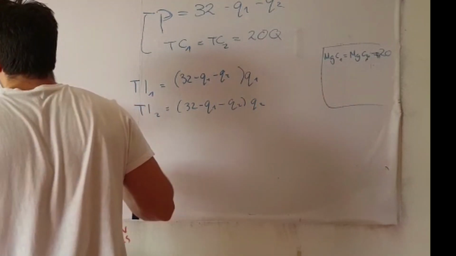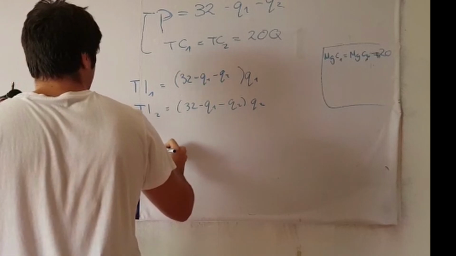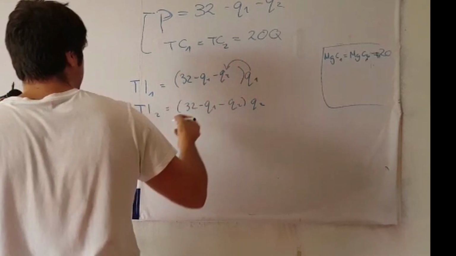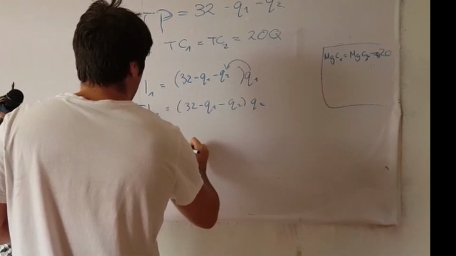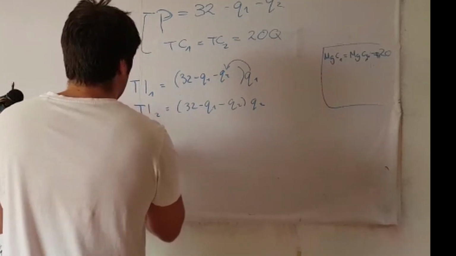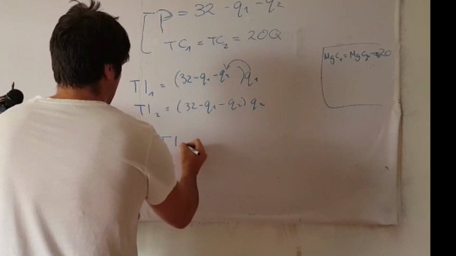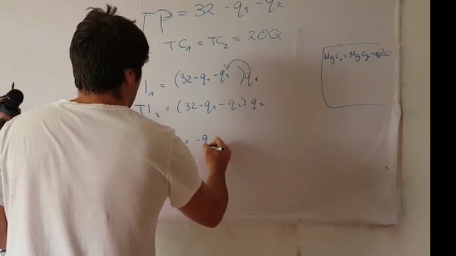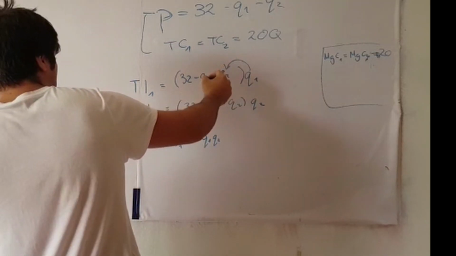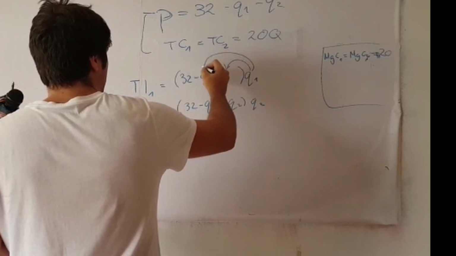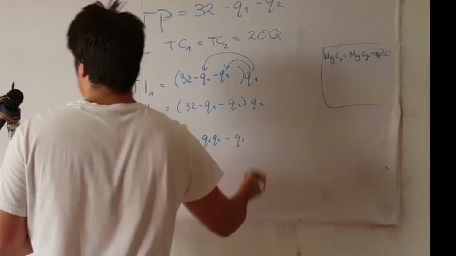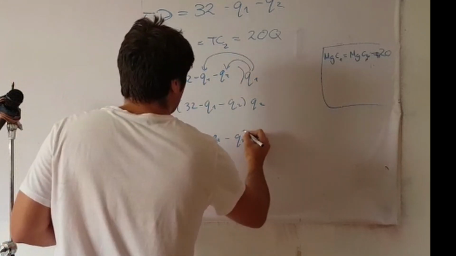And now we just expand the brackets. So Q1 is multiplying minus Q2. Q1 is multiplying also Q1, so it's going to be Q1 squared.